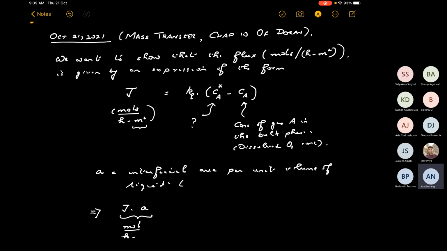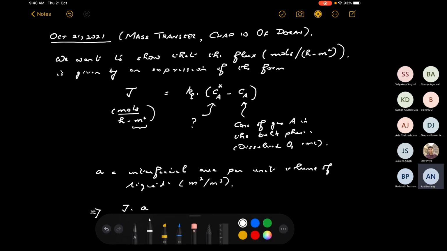And this has units of meter square per meter cube. So that's 1 over meter. And so you get J times A as units of, actually, maybe instead of meter cube, it's a little awkward. Probably work with liters. This is the more common unit that we work with.